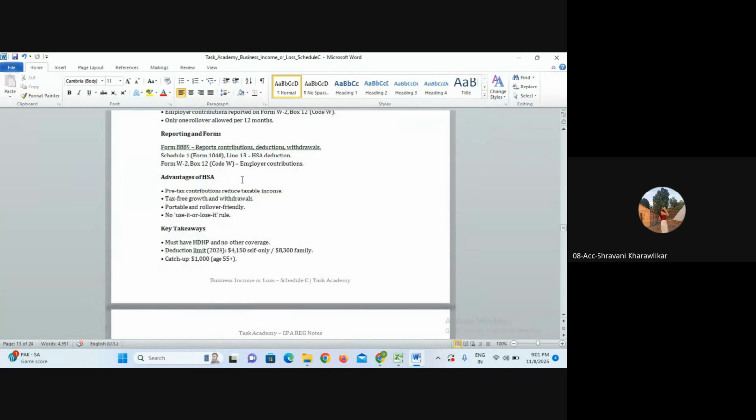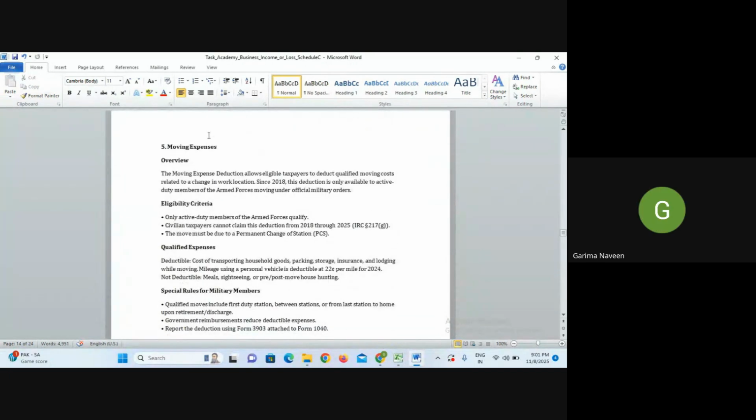Next is moving expenses. You can deduct your moving expenses, but they should be qualified moving costs related to a change in work location. For example, if you are moving to another location, then you can deduct your moving expenses.